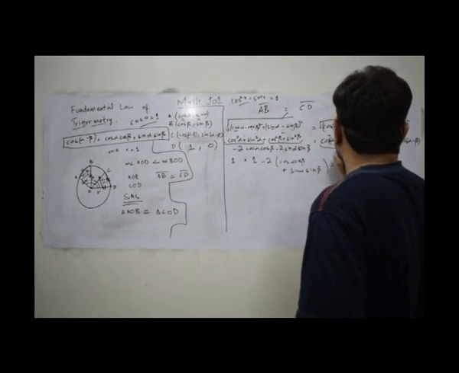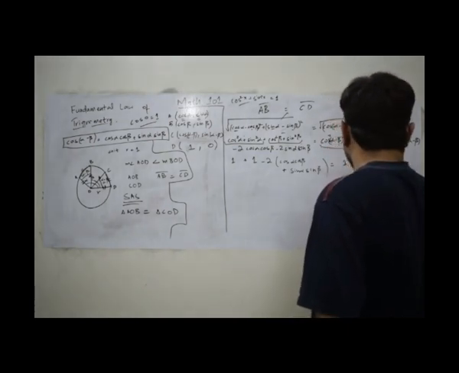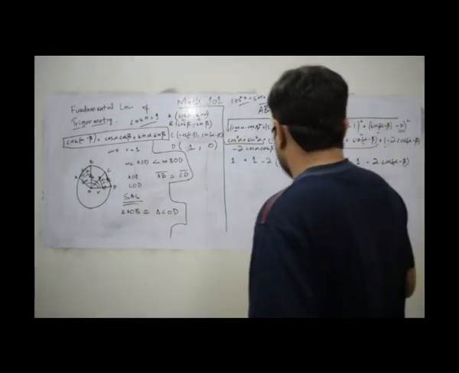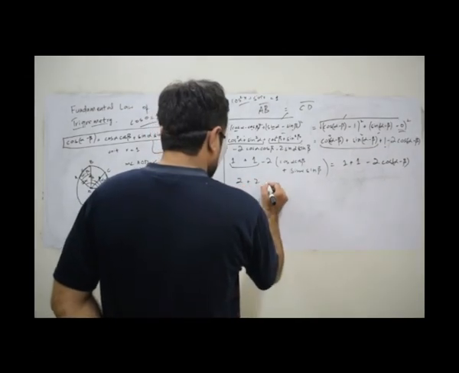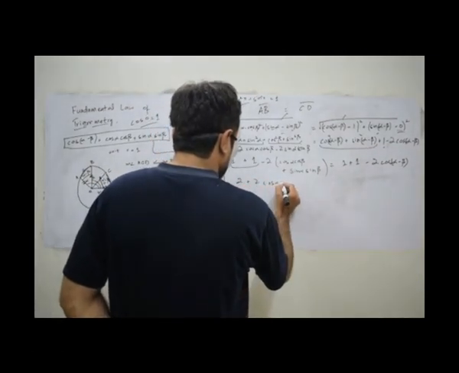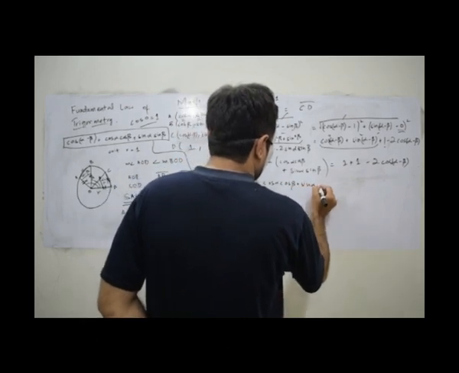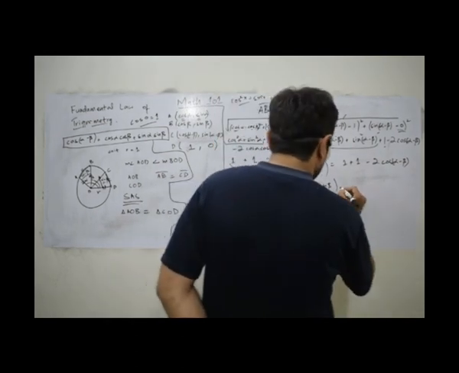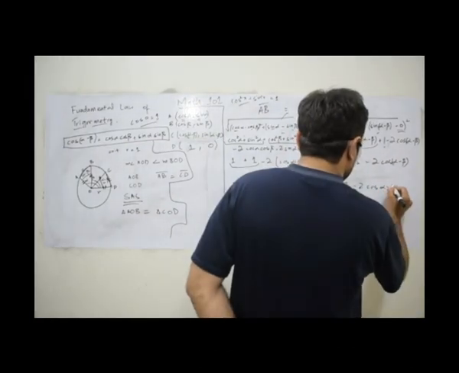And same here, these two also will become 1, and this 1 minus 2 cos of alpha minus beta. So these add up, they become 2 minus 2 cos alpha cos beta plus sine alpha sine beta, equal to 2 minus 2 cos of alpha minus beta.